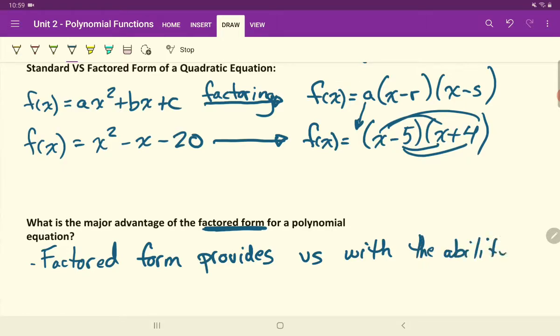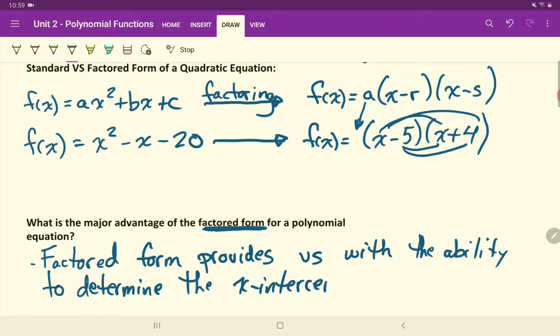That's the whole purpose of factored form. If you look at standard form, the benefit of having it in standard form isn't much. The only thing that standard form provides us, which I won't go into too much detail, is the y-intercept.